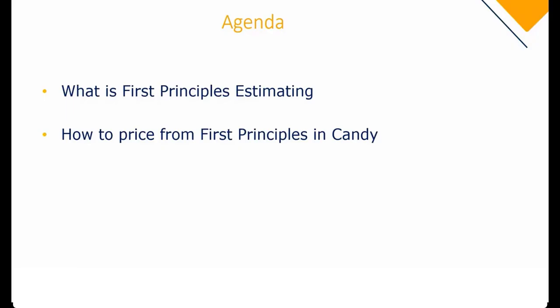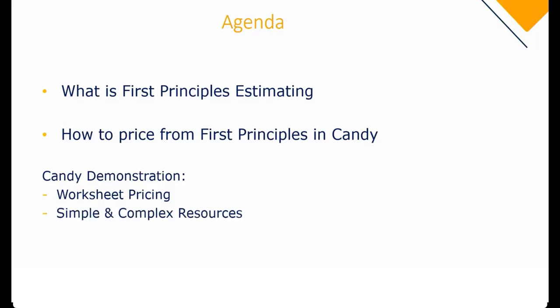I'm going to demonstrate live in the software how to price using First Principles Estimating. In Candy, it's through what we call worksheets and resources. To build up a worksheet or a rate, you require resources. They can be in the form of simple and complex resources. So let's show you how that's done within Candy.